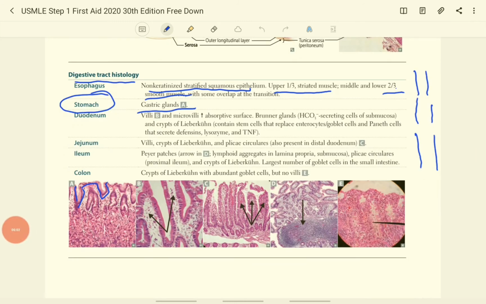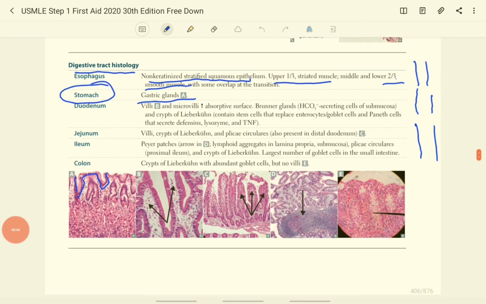In case of the duodenum, we have villi, and these villi also have microvilli over here. So it has microvilli and villi. We have a high absorptive surface. Duodenum contains Brunner's glands.